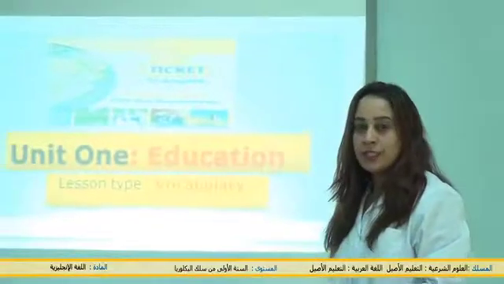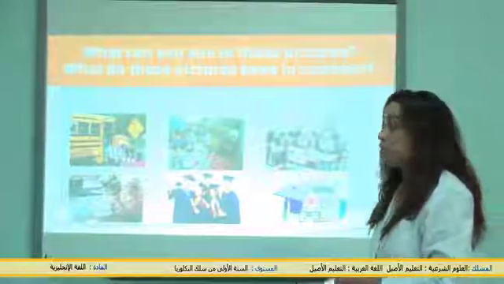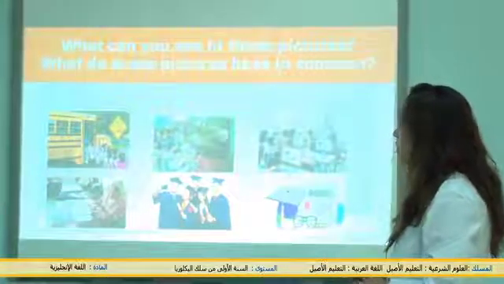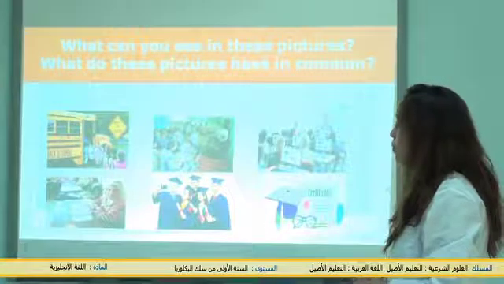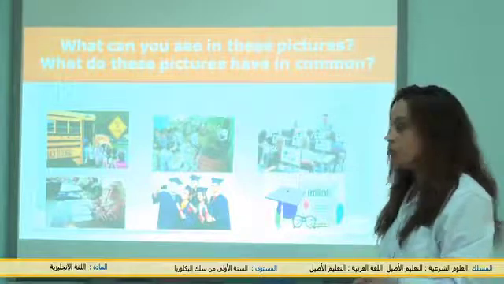First of all, to discover the title of our unit, let's have a look at some of these pictures. In picture number 1, you can see some students getting a school bag to go to school.